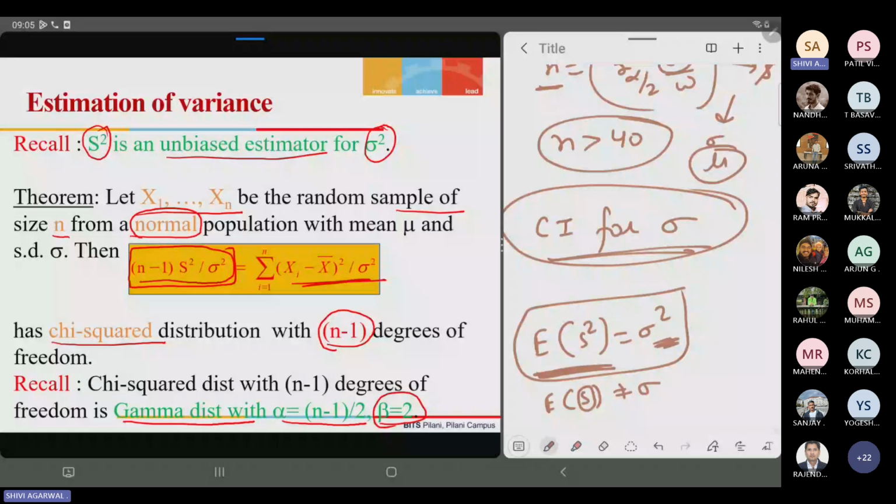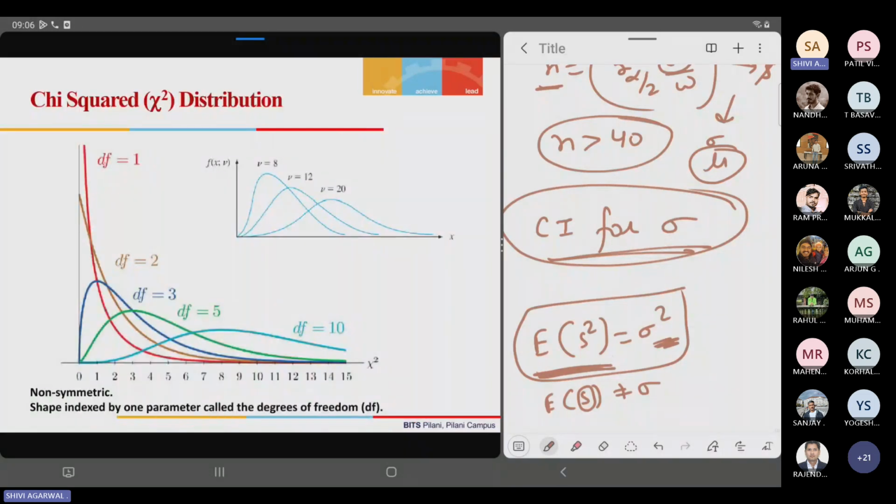If you remember, exponential is what? Alpha is equal to 1 and beta. Here alpha is equal to n minus 1 by 2, so it will become degree of freedom n minus 1 and beta will become 2. So we fix one parameter and it becomes a special case of the gamma distribution. By using that, you can see here when degree of freedom is 1, it will become the exponential distribution. This is the curve of the exponential distribution.